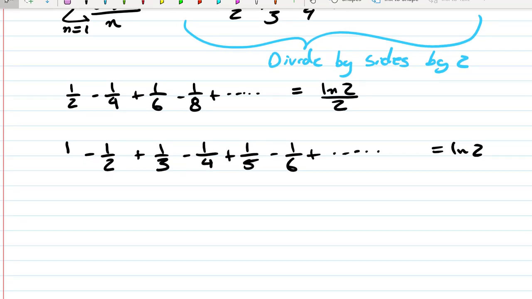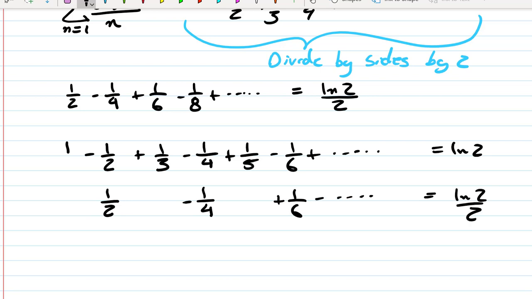Then if I add this series to it, I have 1/2 minus a fourth plus a sixth minus an eighth and so forth equals the natural log of 2 over 2.